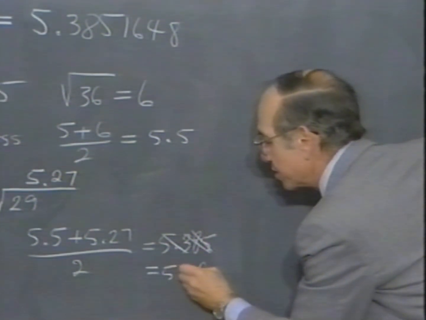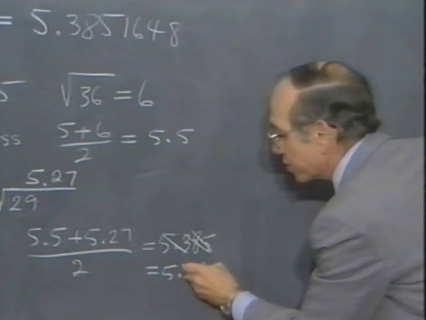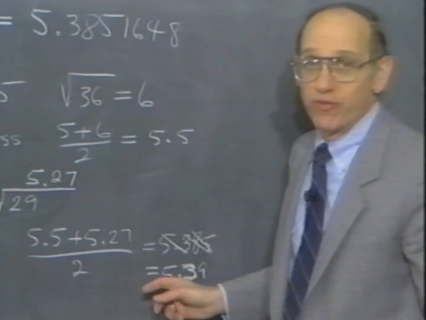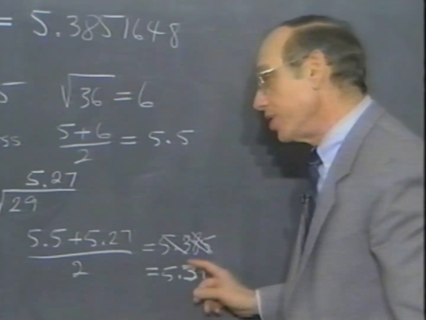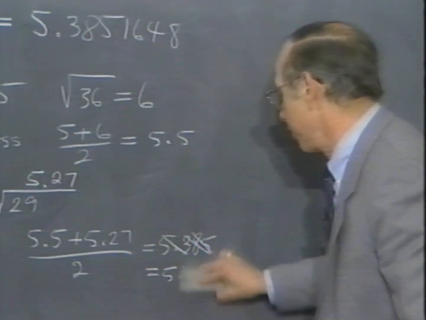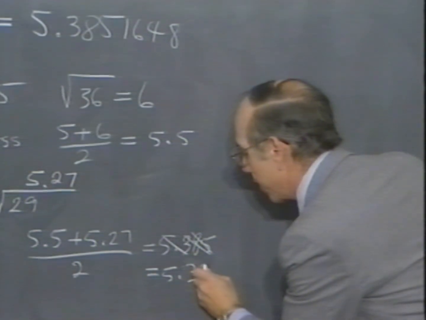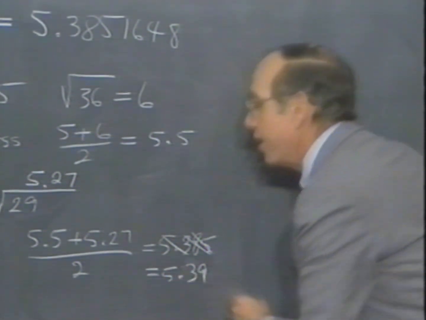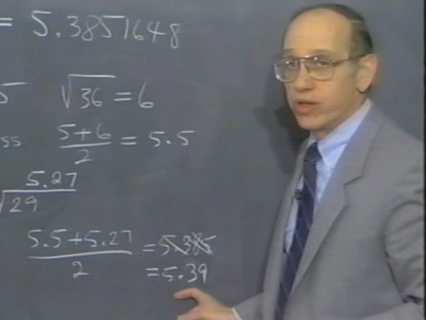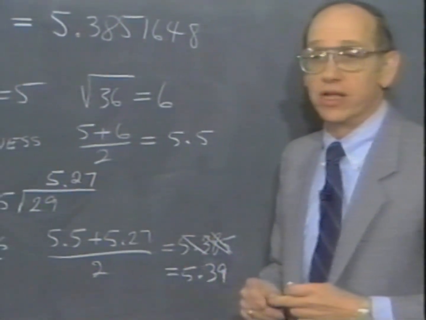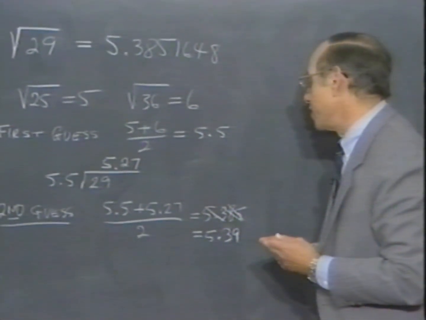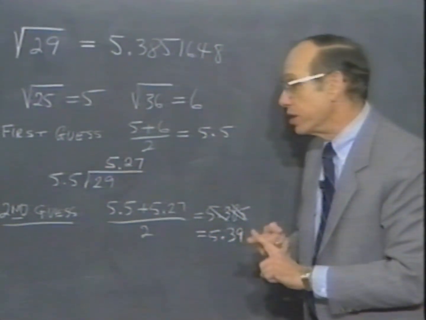as my next guess. Actually, of course, if I look back at what I know the answer was, I probably should have stuck with my 5.385. But really, the right thing to do is to be no more accurate than the original numbers were. So I have 5.39. And now, what do I do? Well, I repeat the procedure. Now I take the 5.39 and I divide it into 29. And I go as many decimal places as I had plus one more.